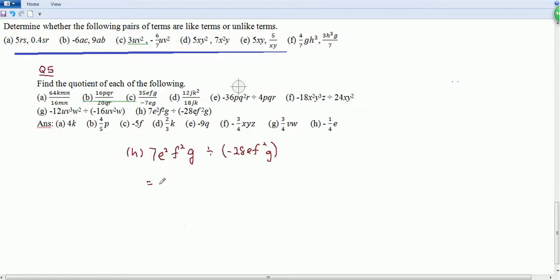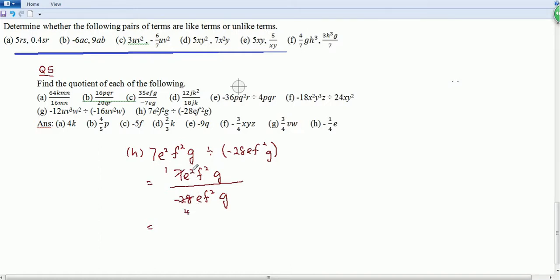Okay, let's continue to part H. So 7e squared f squared g divided by negative 28 e f squared g. Okay, so positive, negative, sure, we know that our answer must be negative. Divided by 7, simplify it.